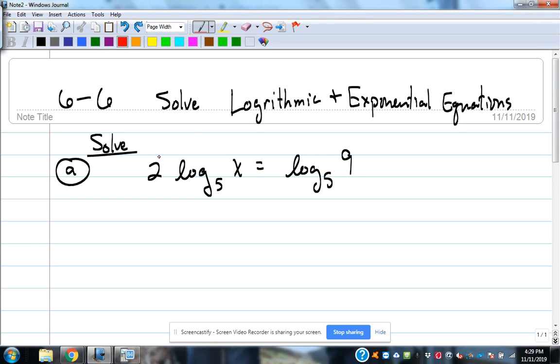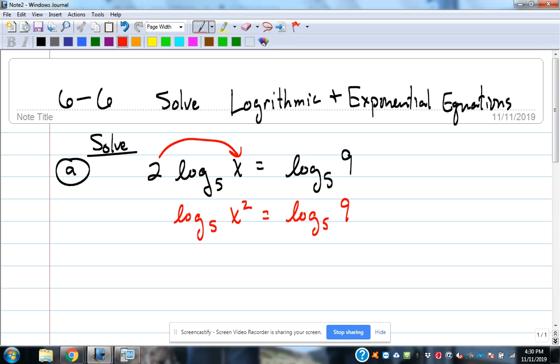So I'm going to move that over here and pop it back up as an exponent. This is different than what we did last week, because last week we didn't have a log on this side. We had just a regular number, and then we could have divided by 2 to get rid of it. So when there's another log over here, you have to look at that condensing idea.